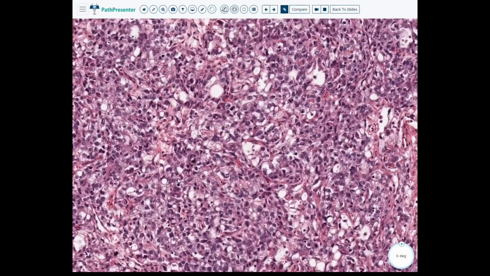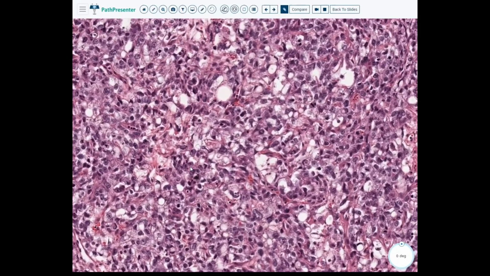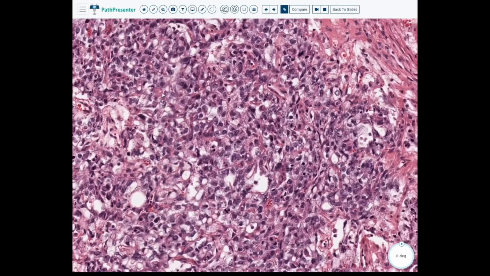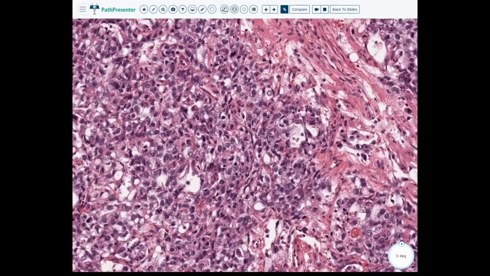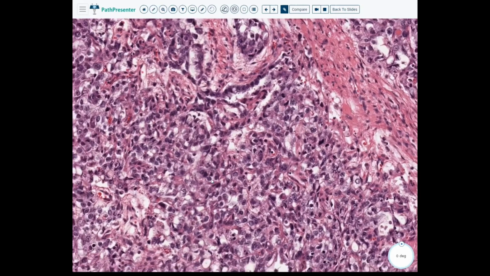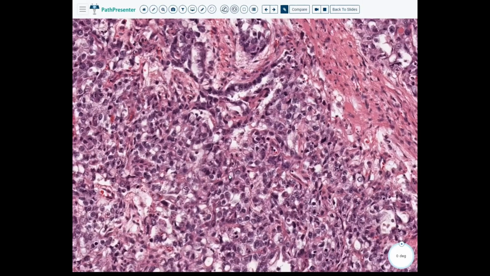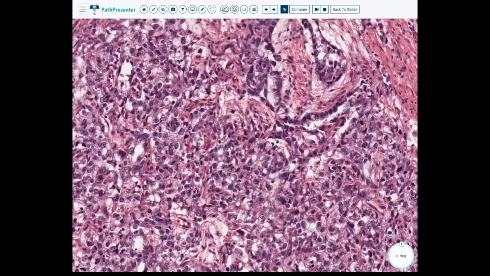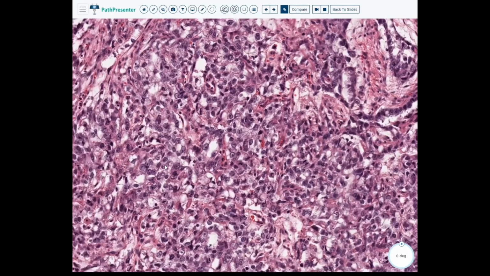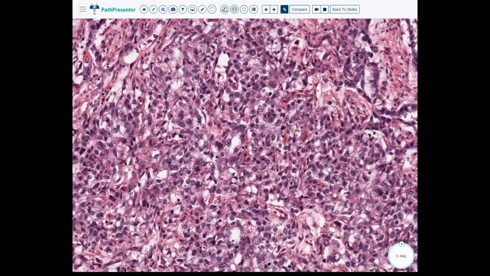Okay. And what we're seeing is, again, a different pattern, and what we're really appreciating is different from the first two cases. So what we have are these very slender septae that surround all these tumor cells. And the tumor cells themselves look relatively bland.